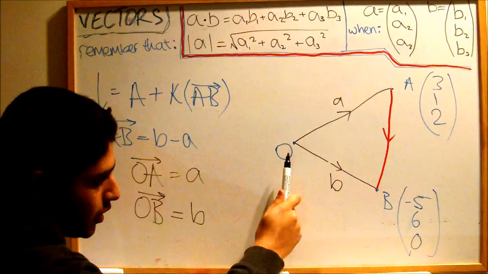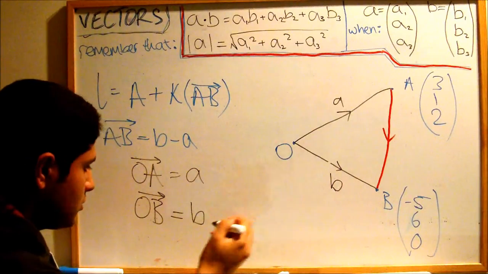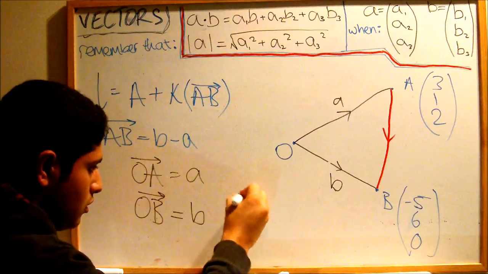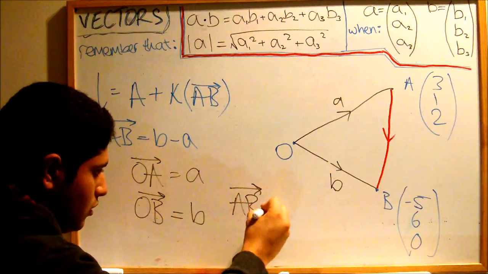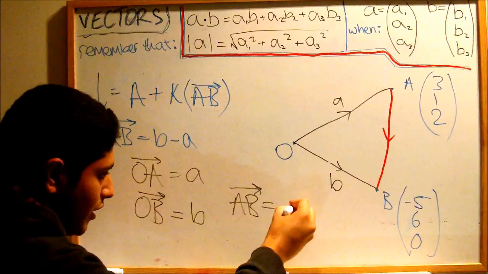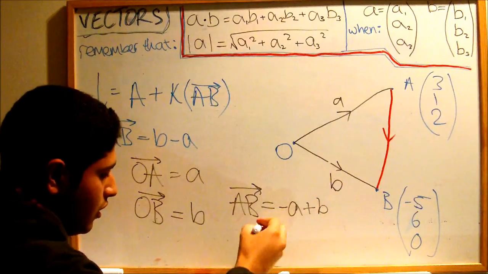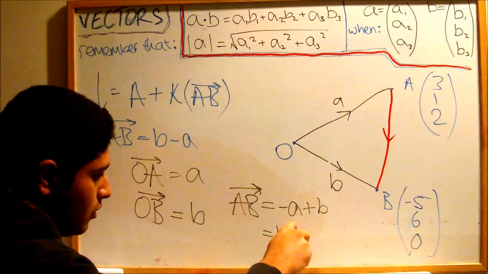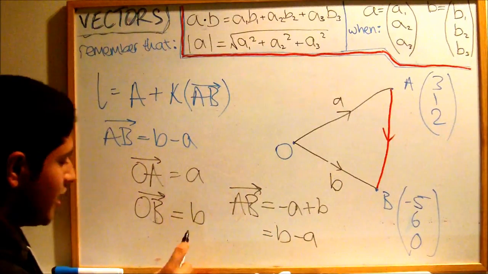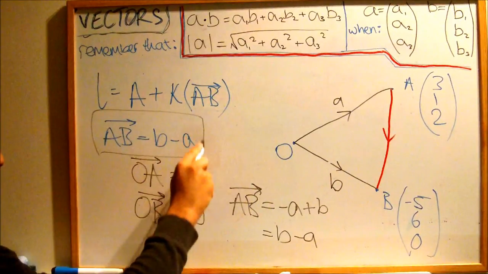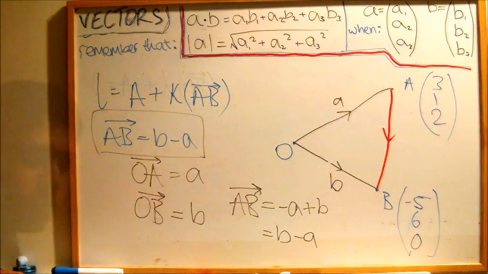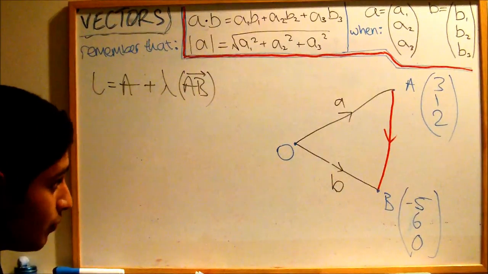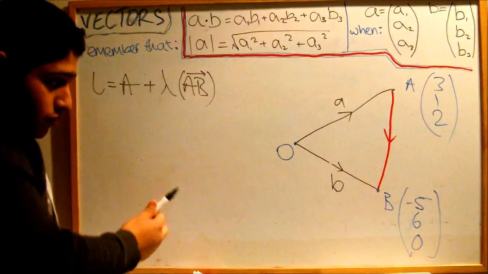So that would be minus A plus B. So we can say that A to B can be written as minus A plus B. And if we rearrange that, we can see that that makes B minus A, which is where this initial equation comes from.